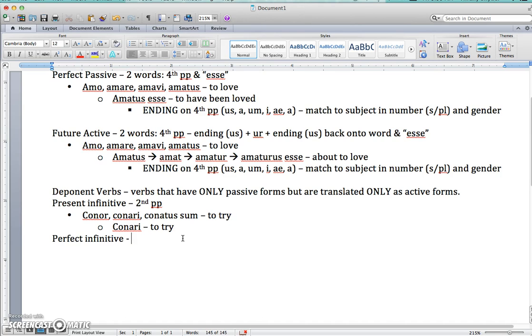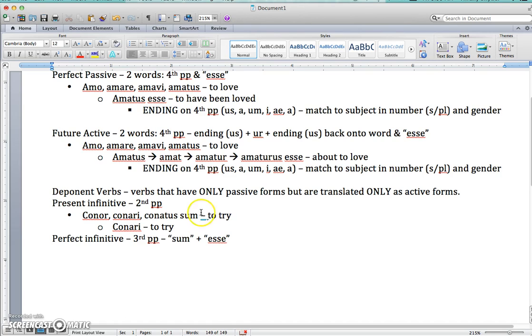All right, so the perfect infinitive. It is the third principal part of a deponent verb, which actually looks a little bit different. I'll talk about that when I get to my example here. Third principal part minus the word sum, the whole word. And you're just going to change that word to esse. Change it to the infinitive form of sum.